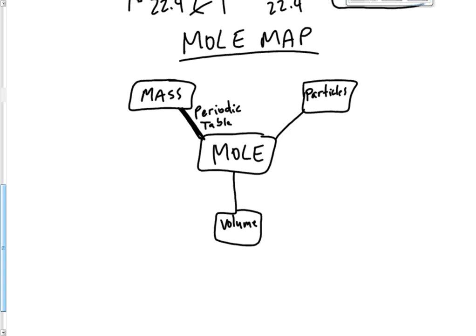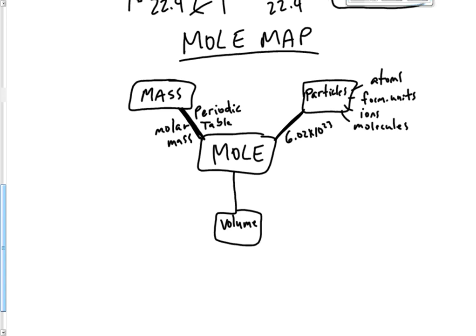Particles can be atoms, formula units, ions, or molecules. Any of those are acceptable particles. The number we use to go from the mole to the particle is 6.02 times 10 to the 23rd equals 1 mole.